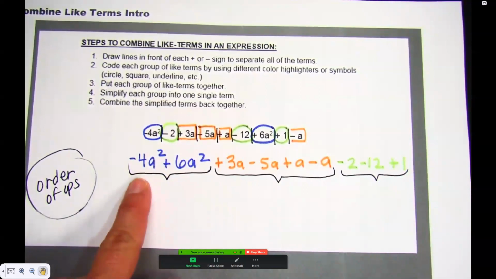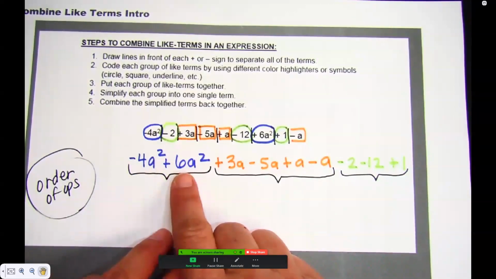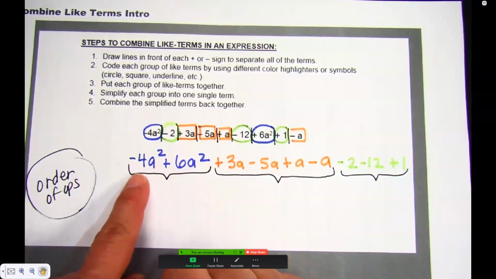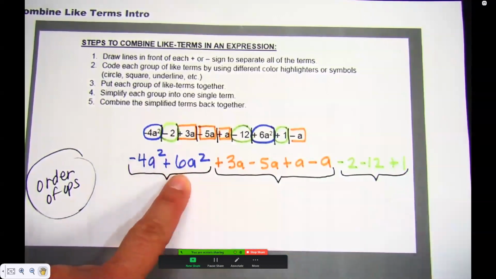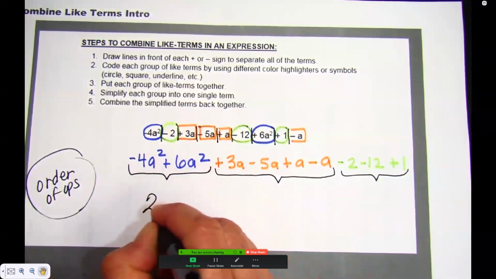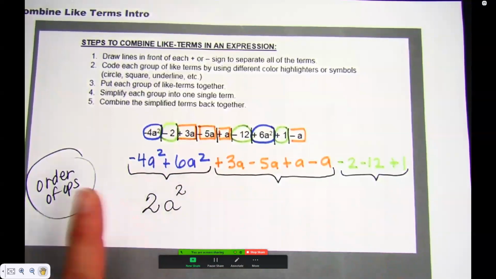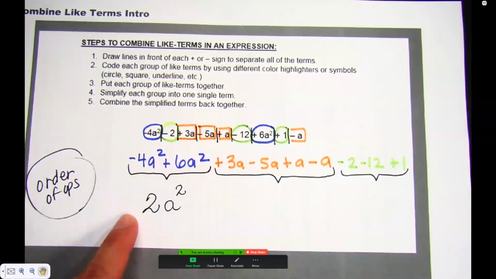So guys, and remember, you only combine the numbers in the front. So a -4a squared and a +6a squared. Remember, 4 of these negatives are going to cancel out 4 of those positives, and you're going to have 2 positives left. So this is 2a squared. And if it was a negative, I would put a leading negative in front, but since it's a positive, I'm not putting anything.